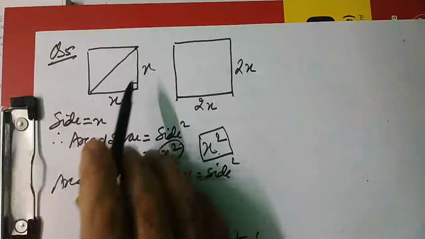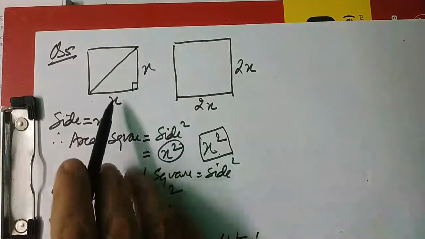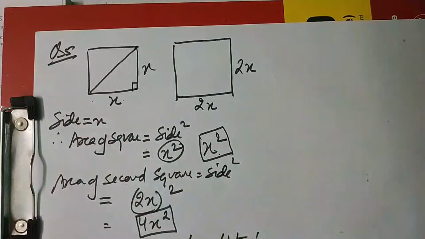h squared is equal to p squared plus b squared, x squared plus x squared. The diagonal will become, using the same method, 2x squared, you will take under root. Yes, 2 into x squared under root.